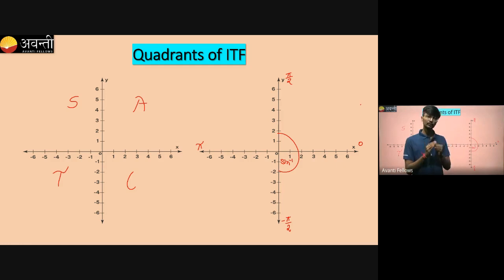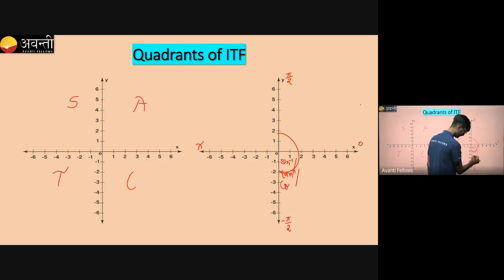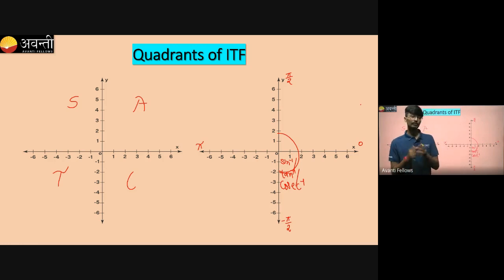Similarly, first and fourth quadrant are the same. If I know sine inverse, which other two trigonometric functions do I know? Let me think. Tan inverse and cosec inverse. So sine inverse, tan inverse, and cosec inverse have the PVR in first and fourth quadrant. Now, what about cos, sec, and cot?